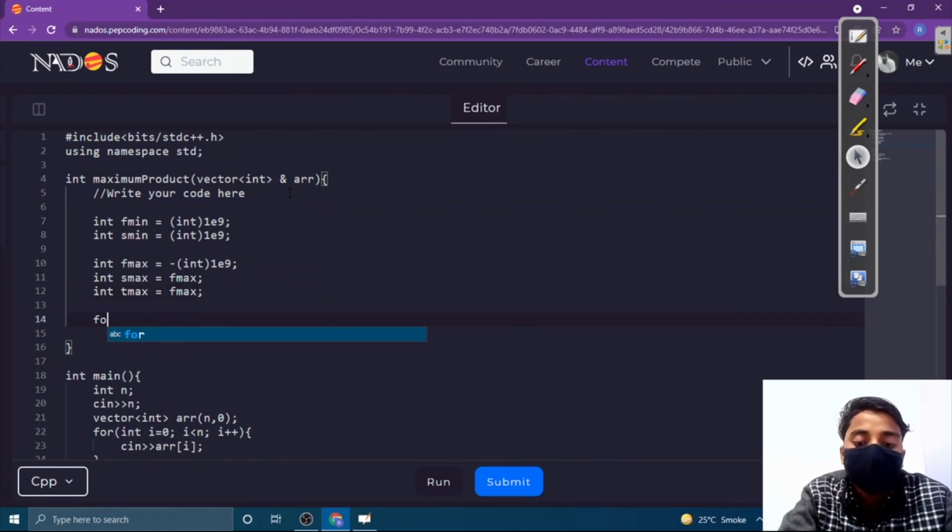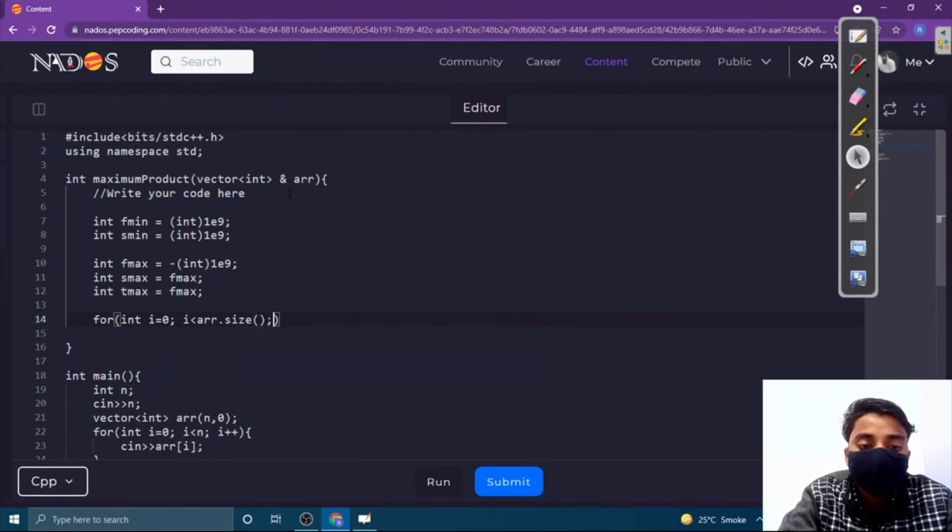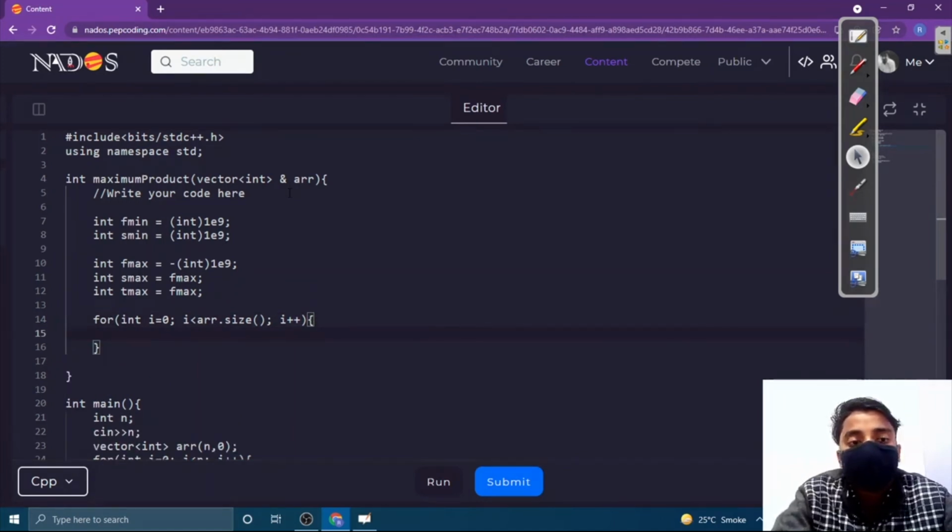Now we just need to iterate through the array: I is less than array dot size, I plus plus. Now we need to check the first min and the second min.